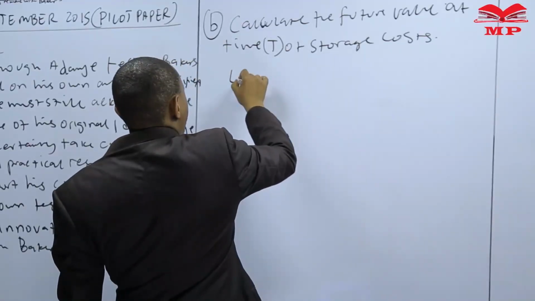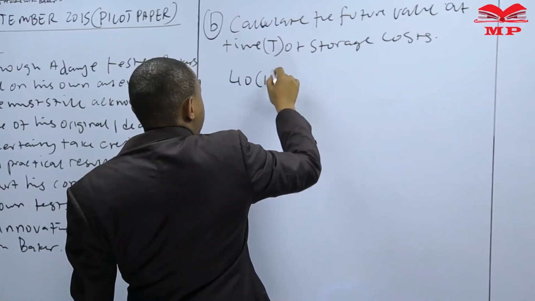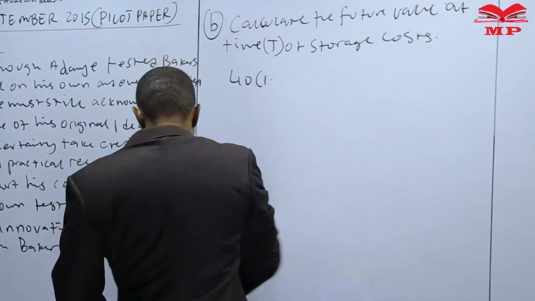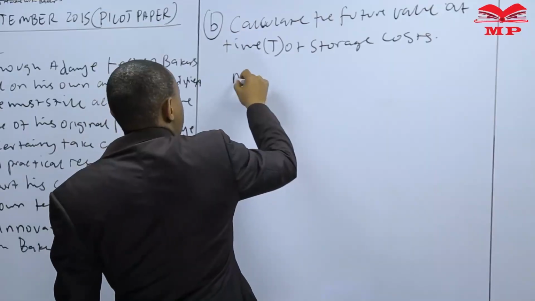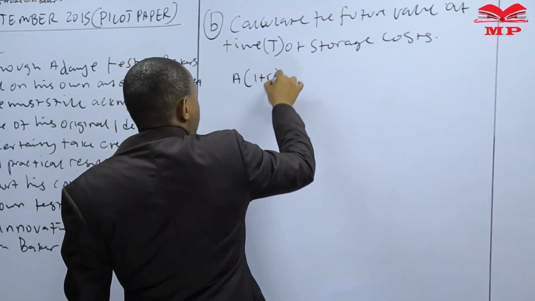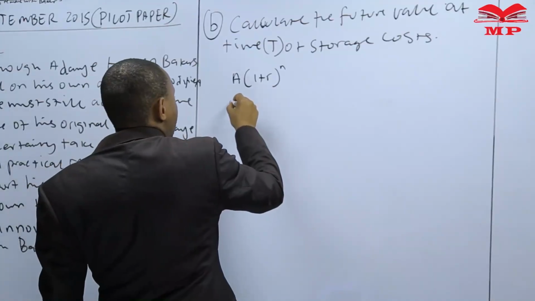When you're trying to compound, the general formula is A into 1 plus R power N. So the storage cost is going to be 40.